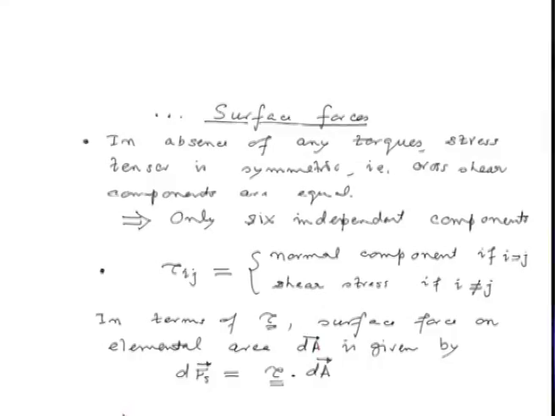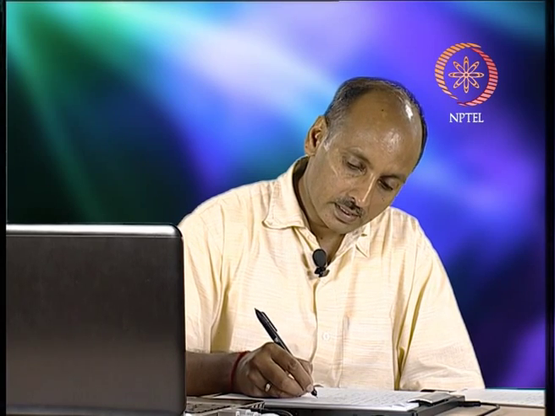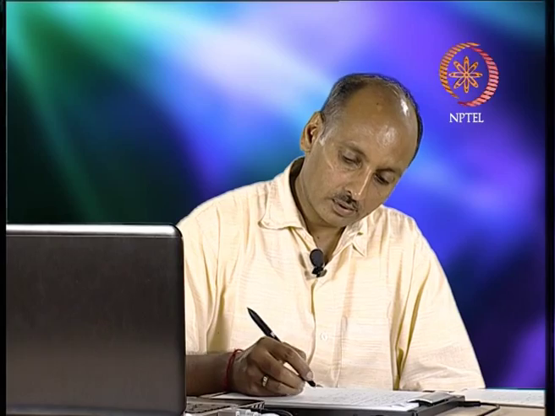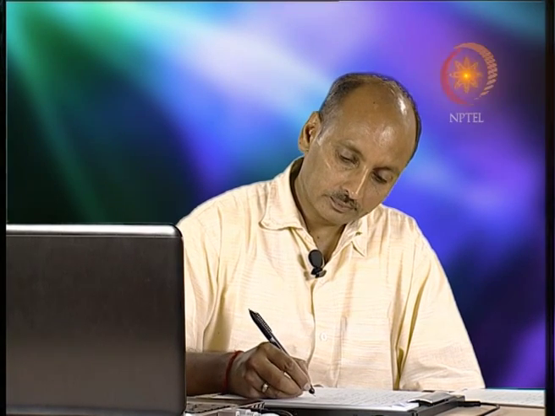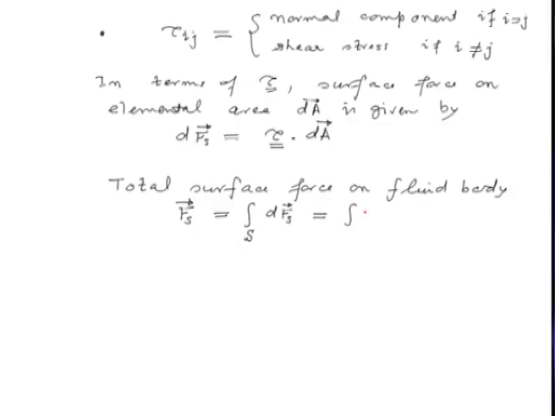So, if you want to find the total surface force F_s on the fluid body, all that we need to do is integrate this differential component of force over the entire surface area, that is, F_s is equal to the area integral of tau dot dA.